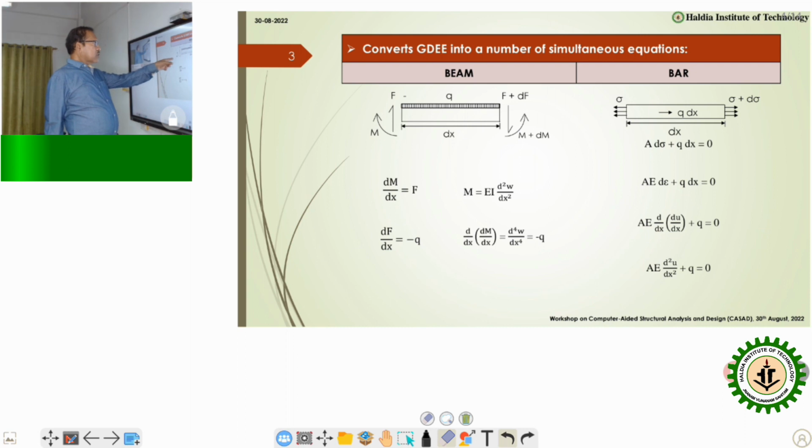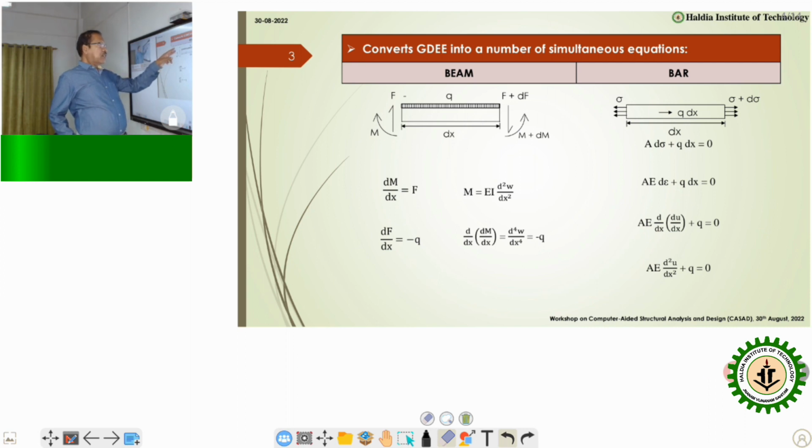This is the moment at the left end, which is clockwise in direction, and at the other end there is the incremental shear force, that is F plus dF, and similarly M plus dM. dM indicates the incremental bending moment, or increase in bending moment, and this is a portion of the beam of length dx. The loading on the beam is of intensity q. It's a uniformly distributed load.